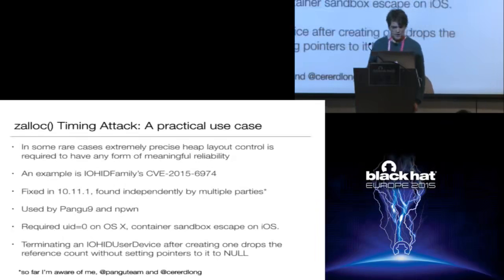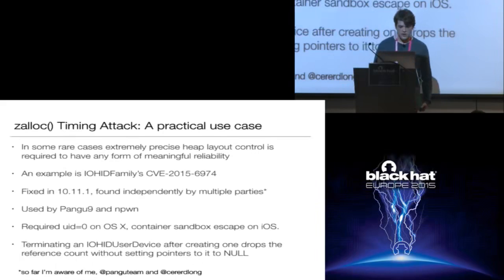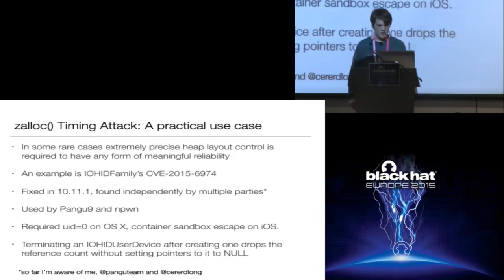And in some rare cases, precise heap layout control is required to have any form of reliability. An example is the IOHID family's CVE. This CVE is a use after free I found, which has been fixed in the latest version of Big Sur. It's been found independently by multiple parties, and it's been used by Pangu9 as well as my own Nopone exploit.